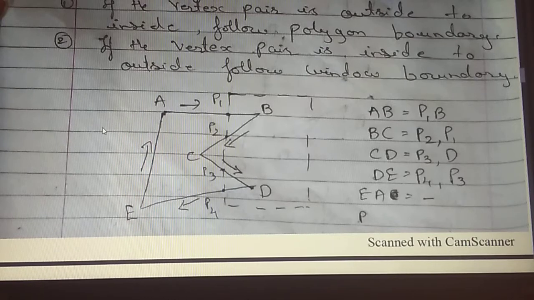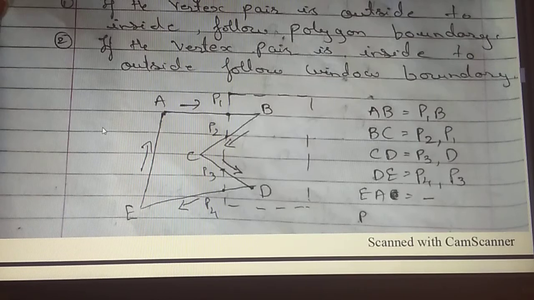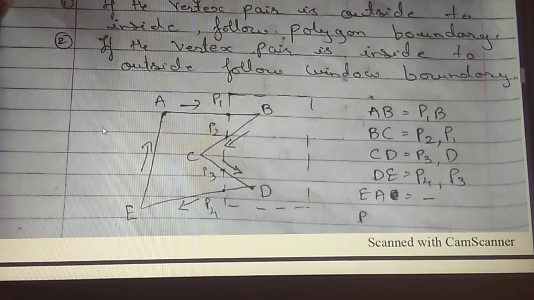Now for CD, again it is from outside to inside, so we consider the polygon boundary, so it will be P3D. Then for DE it will be the window boundary, so that is P4. Here I have written P4 and P3, the previous one, to show the connectivity, but even if you write only P4 it will do.